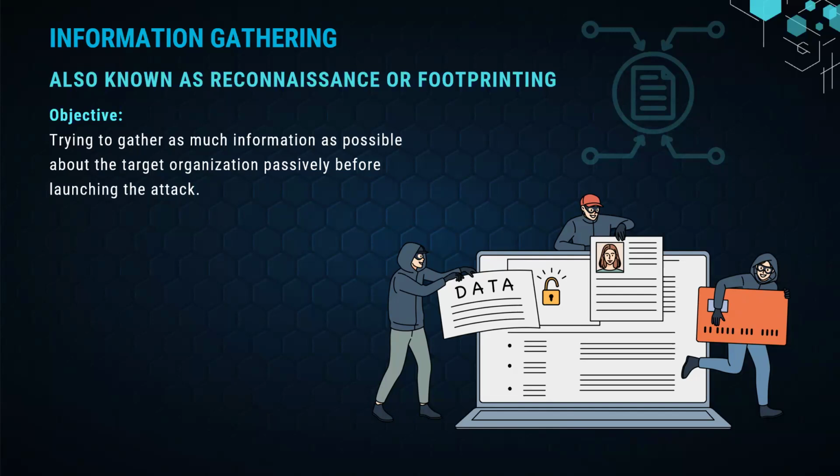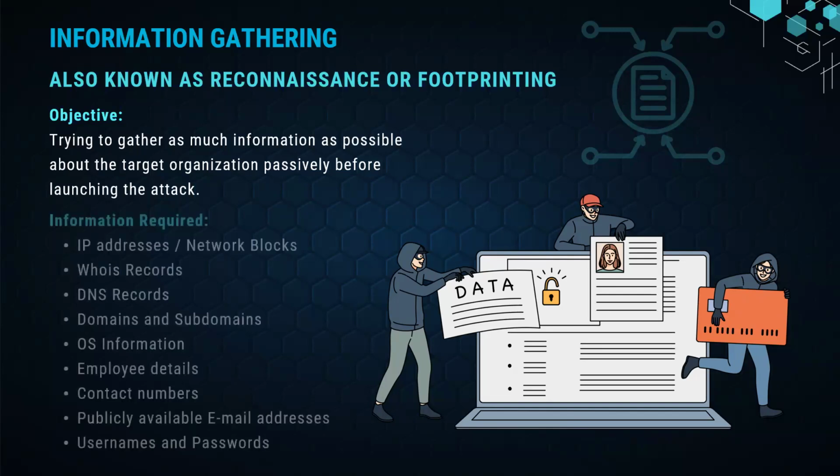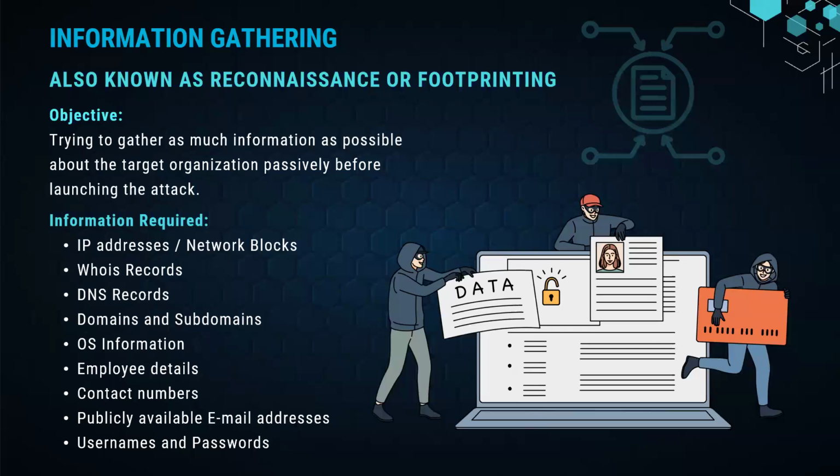But the main question that arises here is what kind of information are you trying to gather? And this is the information as follows: IP addresses, network blocks, WHOIS records, DNS records, domains and subdomains, operating system information, employee details, contact numbers, email addresses of the employees, and usernames and passwords as well, if any of those have gotten leaked in data breaches online.